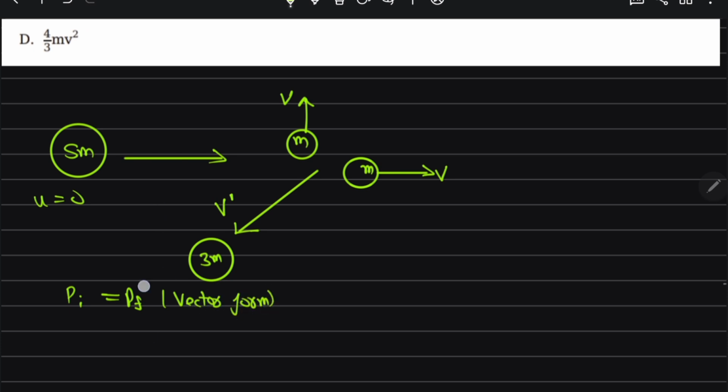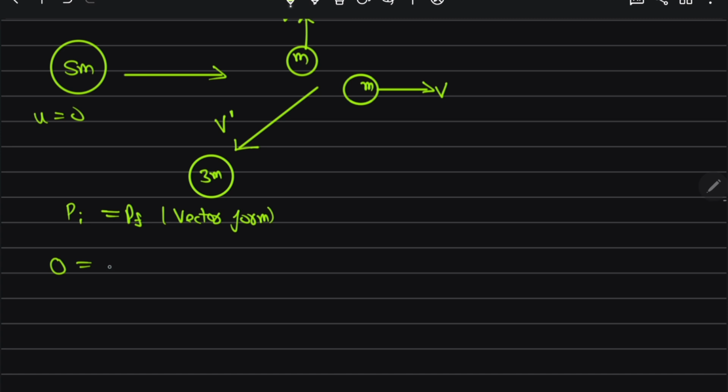Initially both are at rest, so 0 equals m v i cap plus m v j cap plus 3m v dash. m is going to cancel. So v dash comes out to be minus v by 3 i cap minus v by 3 j cap.